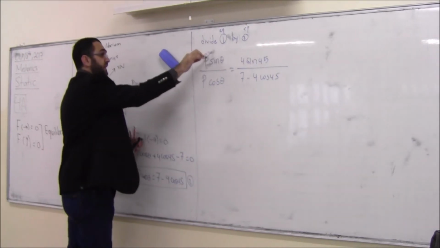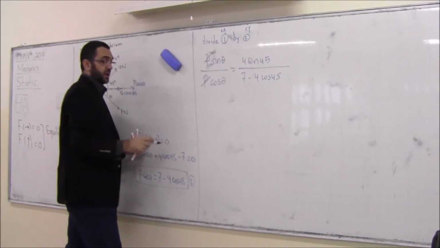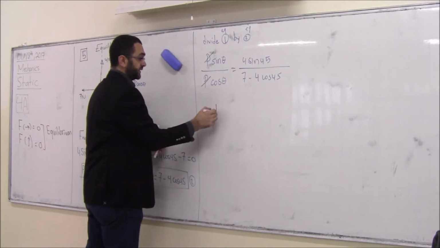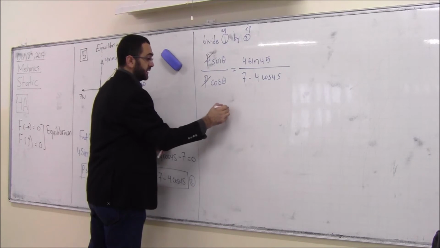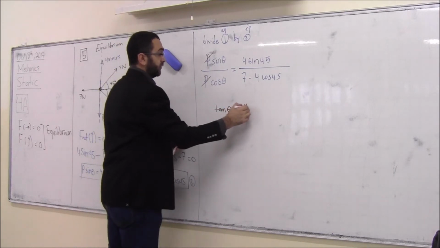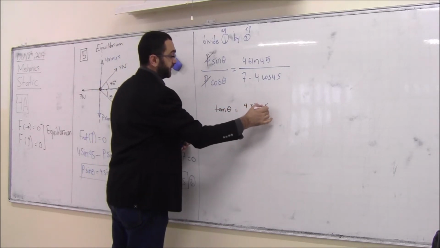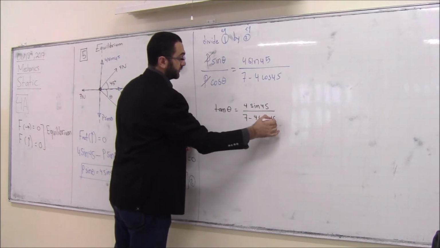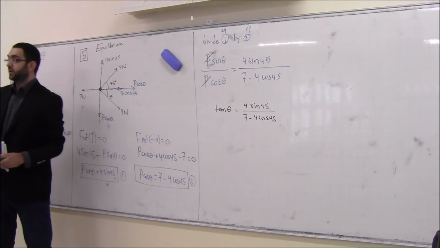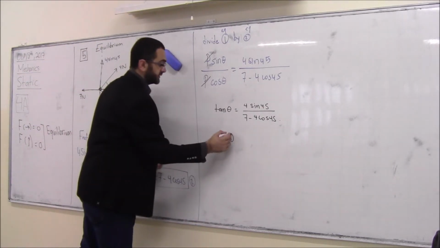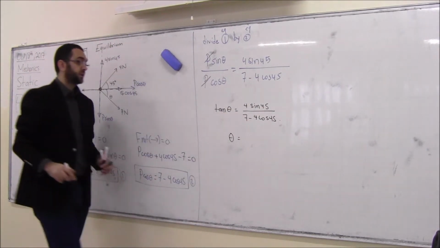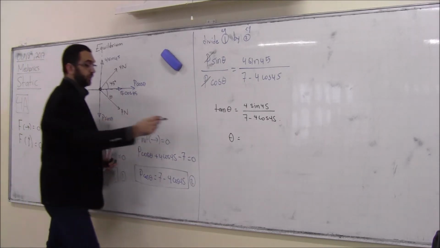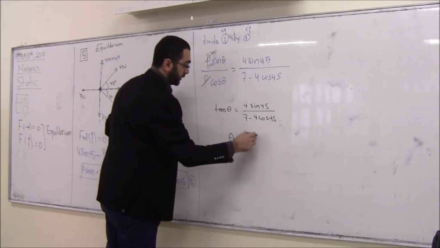So P cancels out. Eventually we get tan theta equals 4 sine 45 divided by 7 minus 4 cosine 45. Clear? Theta equals tan inverse of this, 34.1 degrees.